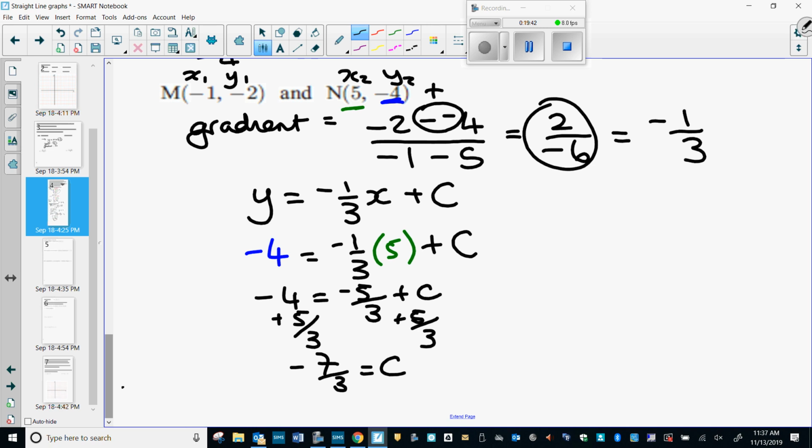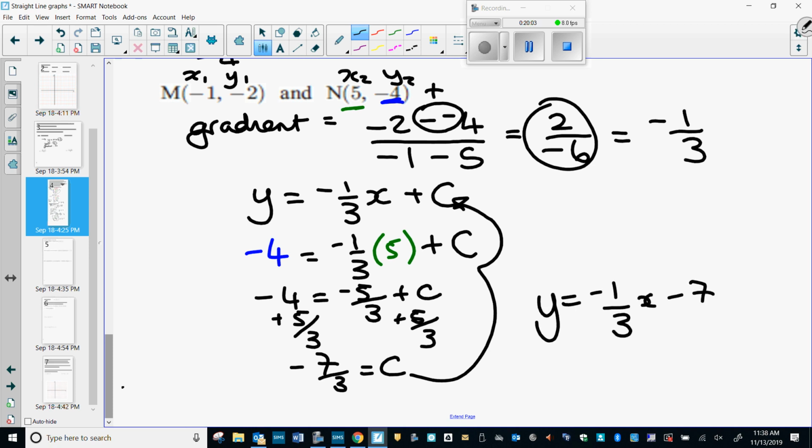I chose m, right? Okay. Let me come and look at yours in a second. Because I think this is my last example to do. Right, so this goes up to here. So we've got y is equal to negative 1/3 x minus 7 over 3.